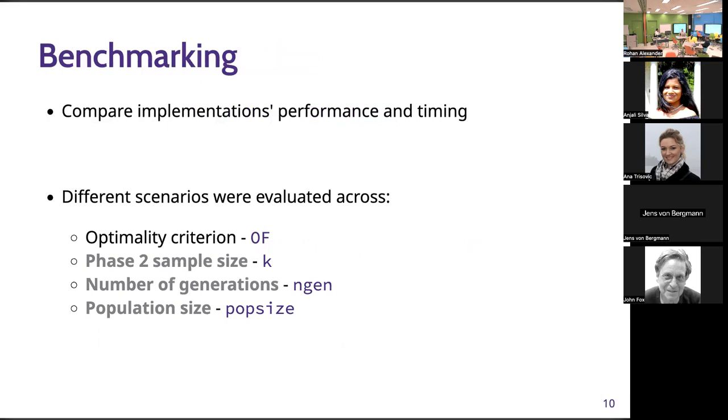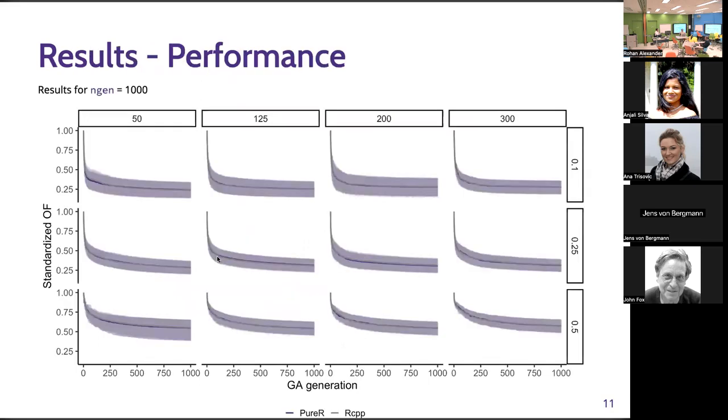Of course, we evaluate different scenarios, simulate different data sets, and perform multiple checks. Essentially, I'm focusing mostly on the sample size, the number of generations, and the initial populations, which may be more relevant. I also have different optimality criteria, the objective functions, but I'm going to focus on the other 3.